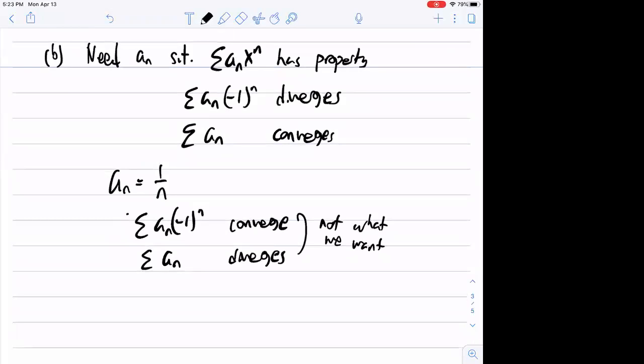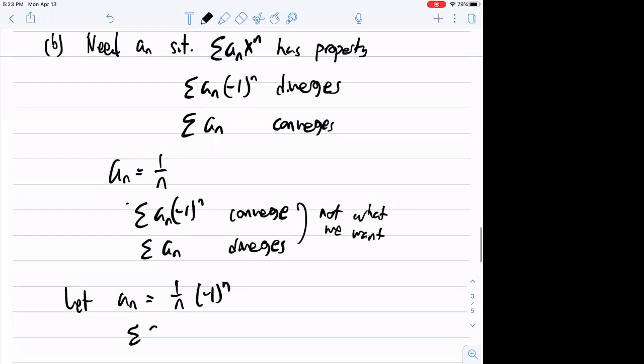So how do I flip it? Well, it's that -1 to the n, right? So we should let our a_n be -1 to the n over n. Then the sum of a_n -1 to the n is the sum of 1 over n, right? Because -1 to the n times -1 to the n is -1 to the 2n, and -1 to any even power is 1.